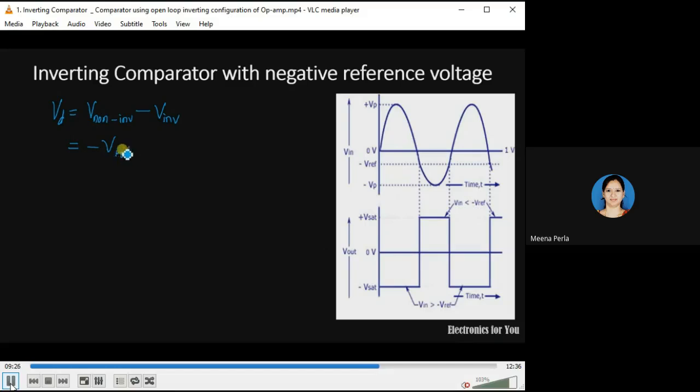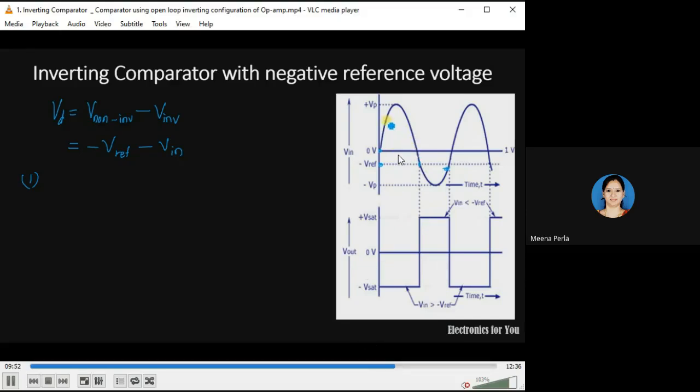Now we are going to consider the first case. Since your reference voltage is negative, we have drawn this reference voltage below zero, right? Then we are going to see the intersection with this sine wave, and we are going to draw perpendicular lines.